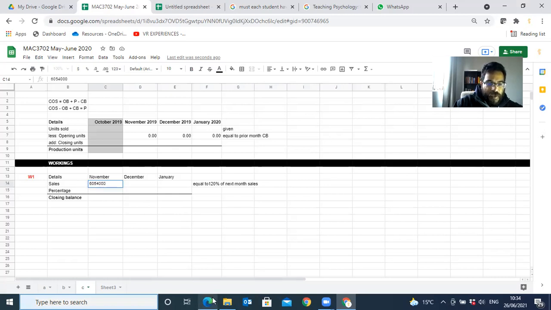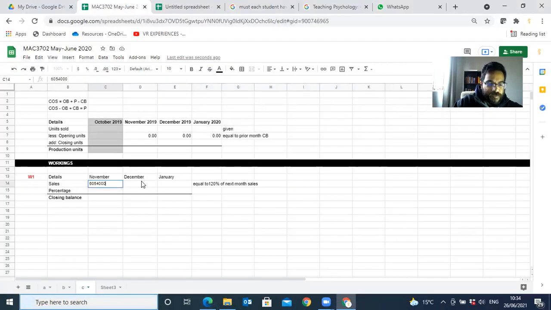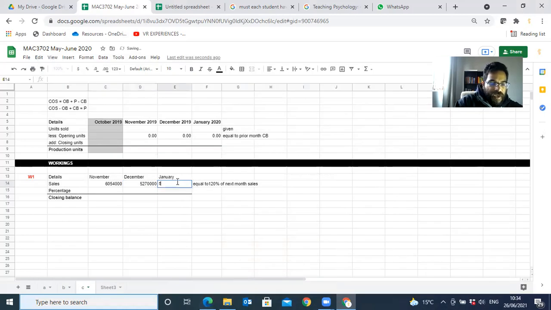December's closing balance is based on January's sales, so it is 5270, and January's closing balance is based on February's sales, 5538.